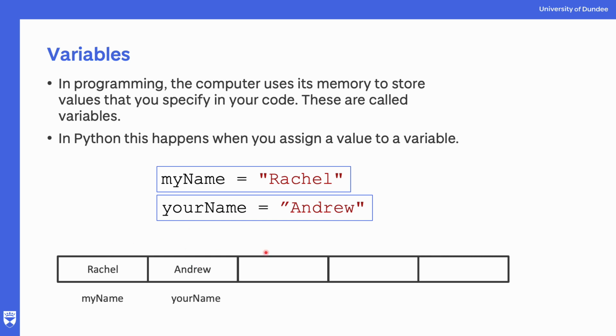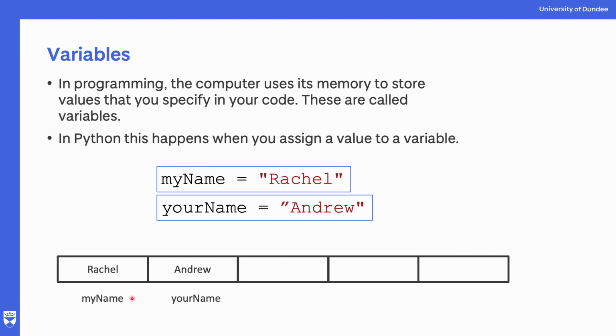Each of these boxes is a space in the computer's memory, and I can assign something to each of those spaces. If I want to use some memory to store a bit of data that I am calling my name.